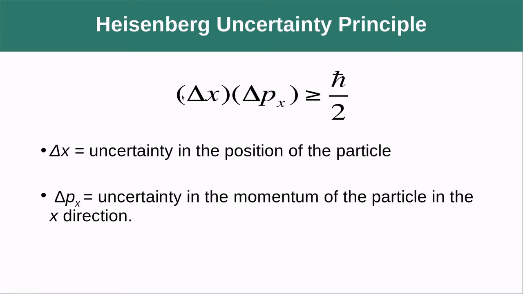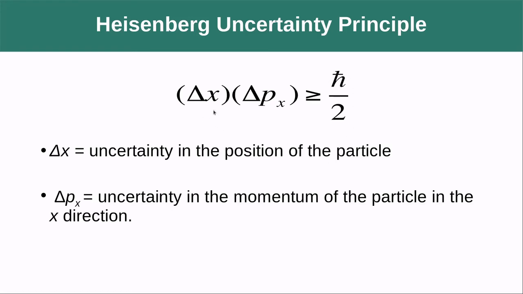So if delta x is the uncertainty in the position and delta p is the uncertainty in the momentum, this product always has to be greater than or equal to h bar over 2, where h bar is Planck's constant divided by 2 pi. So this is just a number, a constant.